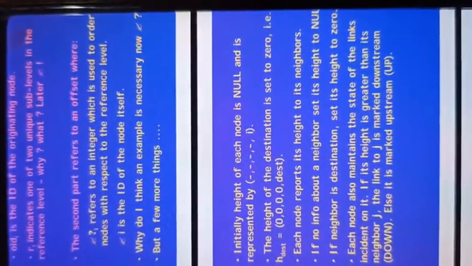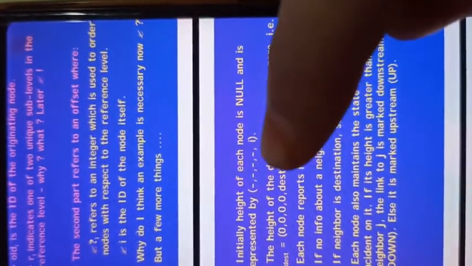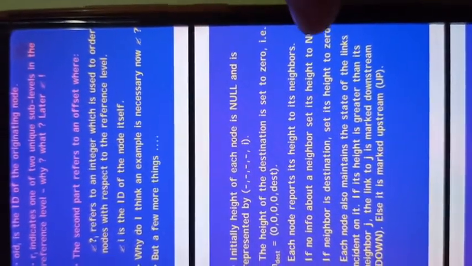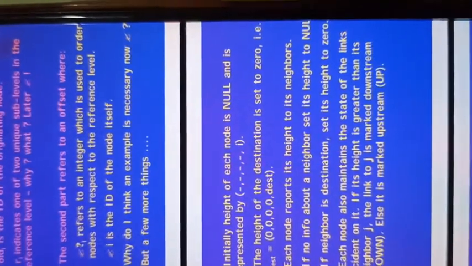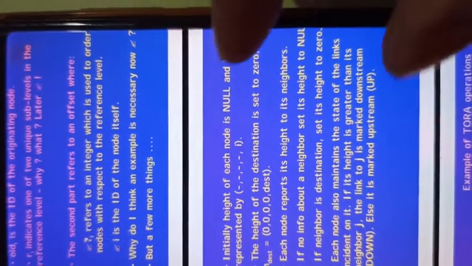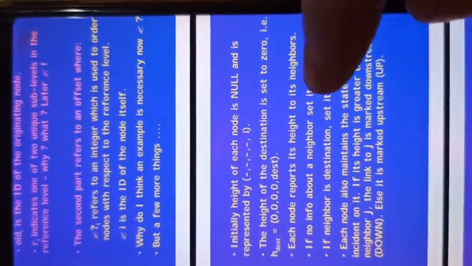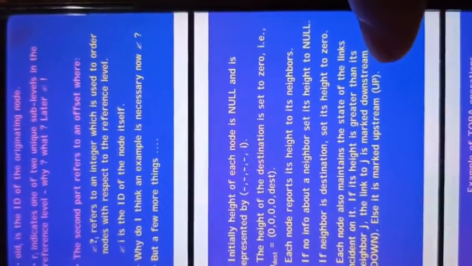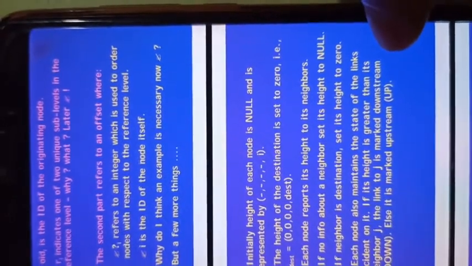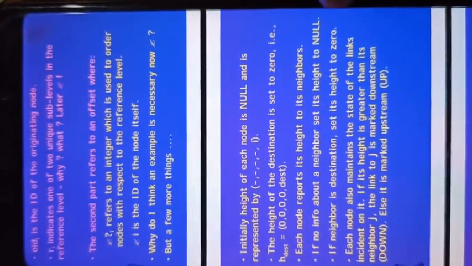Initially the height of each node is null and is represented by this null quintuple. The height of the destination is set to zero, so the height of the destination is 0, 0, 0, 0, and the ID of the destination node. Each node reports its height to its neighbors. These are the statements that we use in TORA. If there is no information about a neighbor, set its height to null.